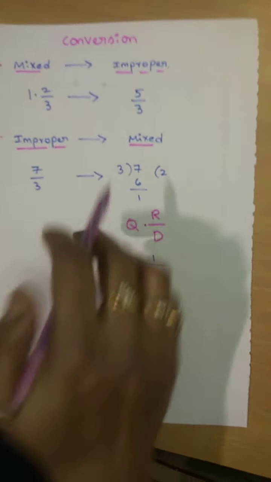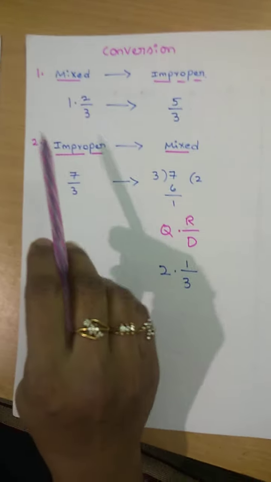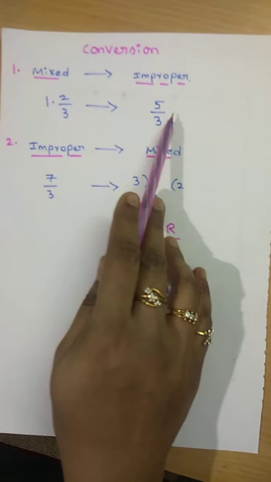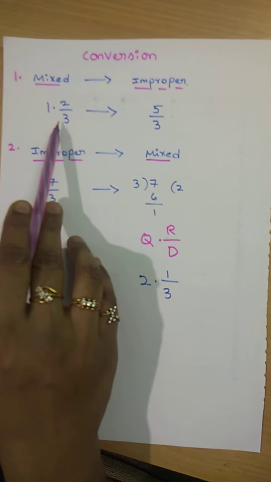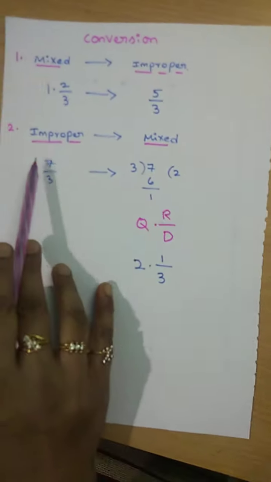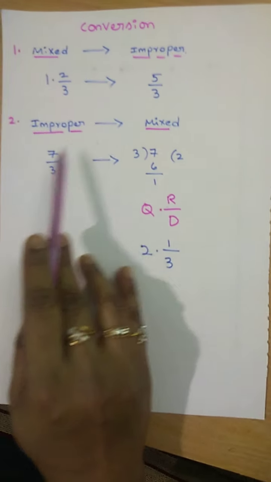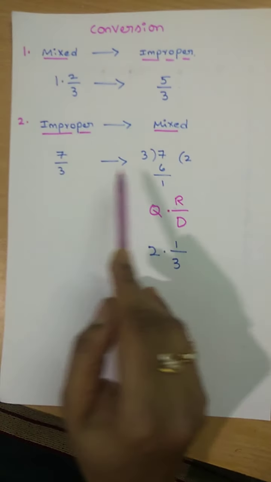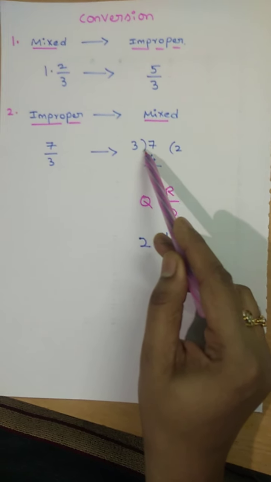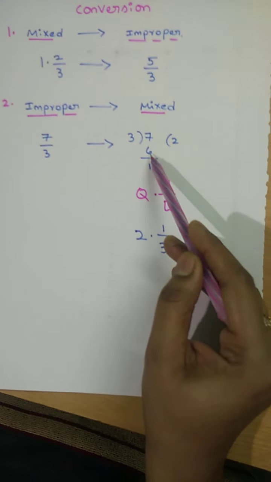After that I explained the conversions, mixed to improper and improper to mixed. Mixed to improper means just multiply 3 into 1 plus 2, that is 3 plus 2, 5, divided by 3, simple. After that, improper to mixed: take the improper fraction and divide 7 by 3. 3 twos are 6, remainder 1.